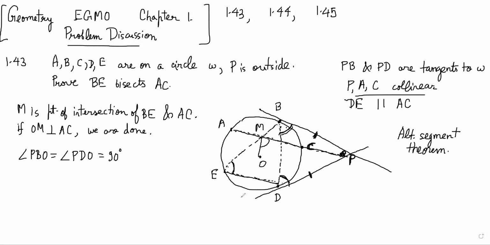Now what can we say? Let's join this also. This is O to D. So OD we know is 90, and this is, let's say, theta.